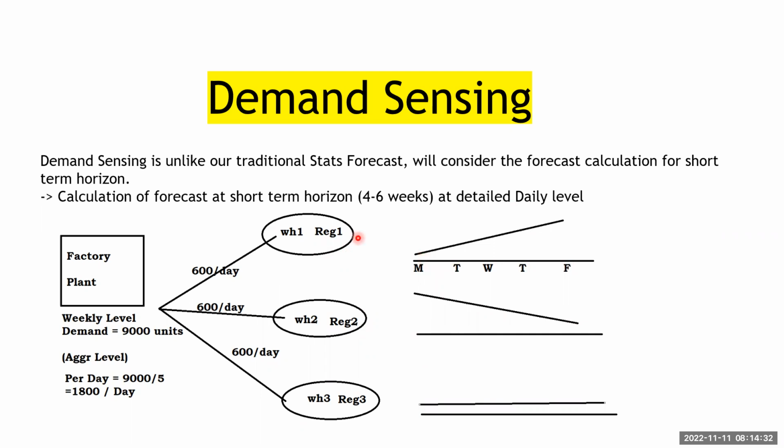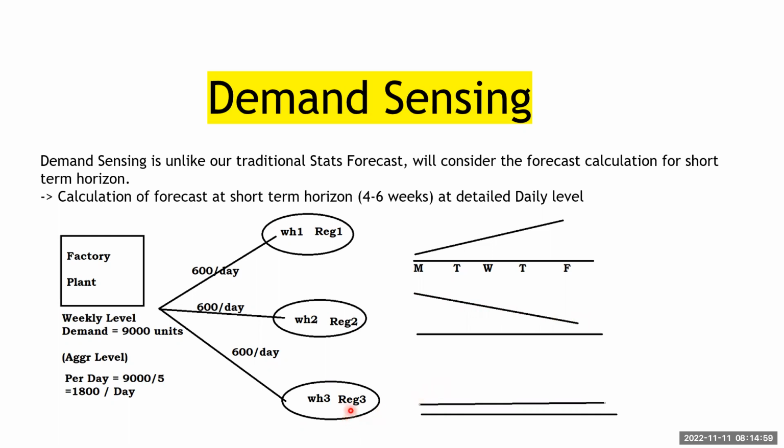Maybe at the first regional warehouse, the demand can increase toward the weekend, whereas in the second regional warehouse, there may be a good amount of demand at the start of the week, but when we are ending the week, the demand is declining.